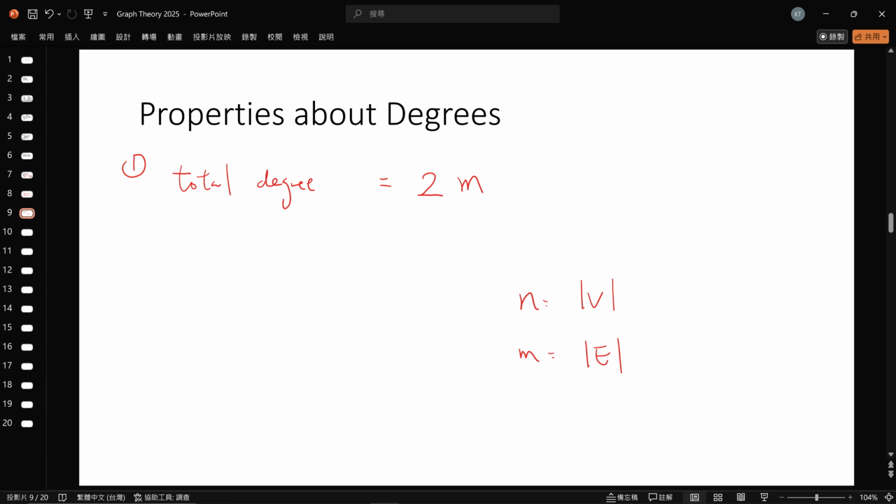There's a very simple proof. There are two different ways of computing this total degree.